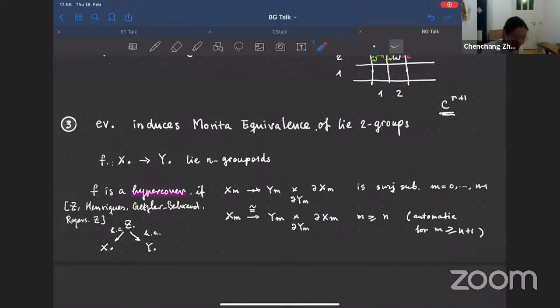Then once we are in a Banach manifold, submersion makes sense, right? It makes perfect sense, just like for a finite dimensional manifold. And then this evaluation map gives you one of those hypercovers.